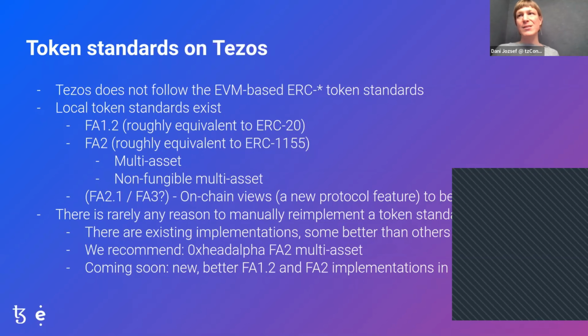It allows you to track multiple token types within a single smart contract. And since on-chain views were introduced recently to the Tezos protocol in a protocol upgrade, people are working on new token standards. So maybe FA 2.1 or FA 3, which would make use of this new protocol feature.